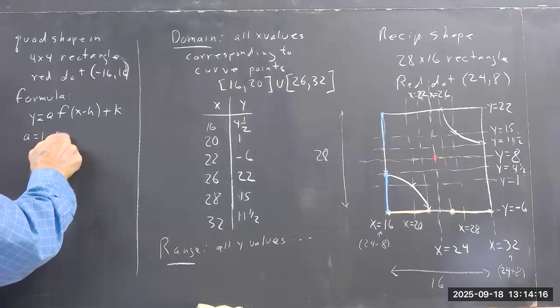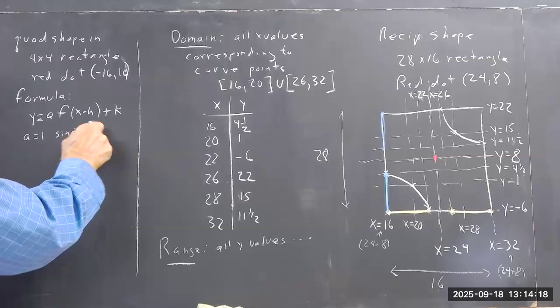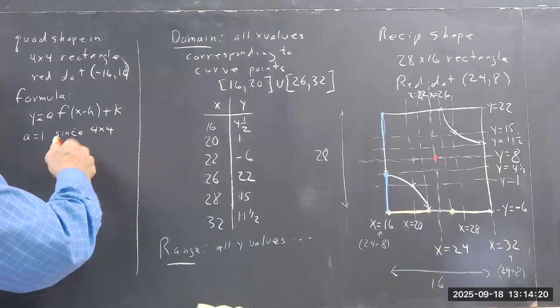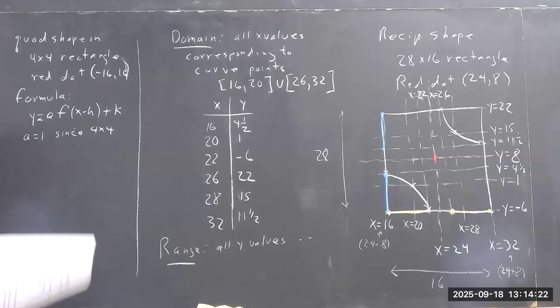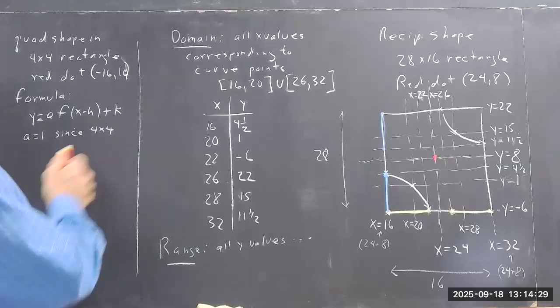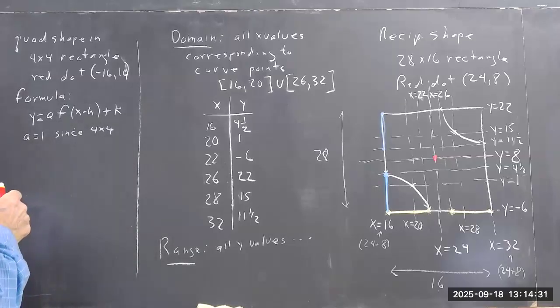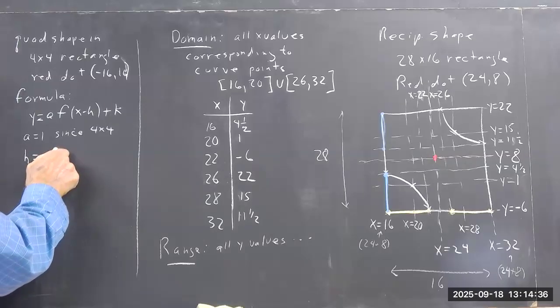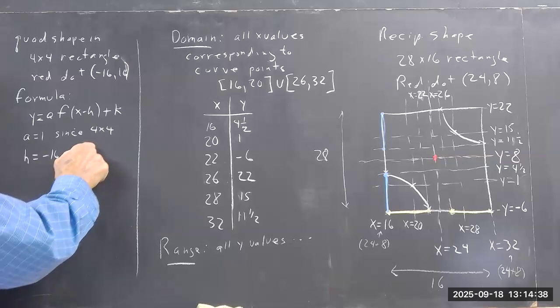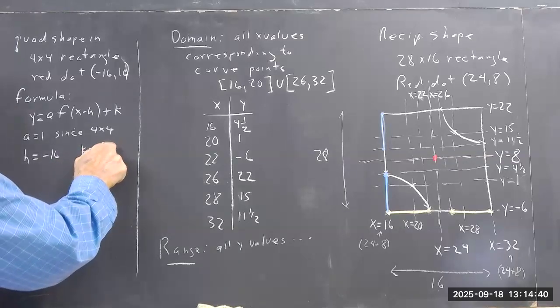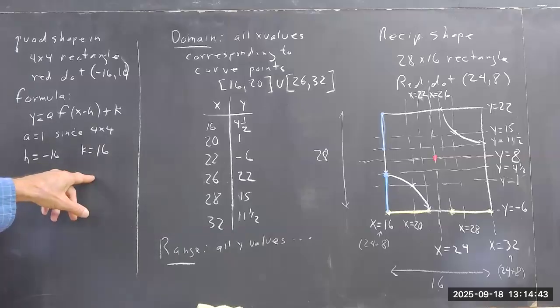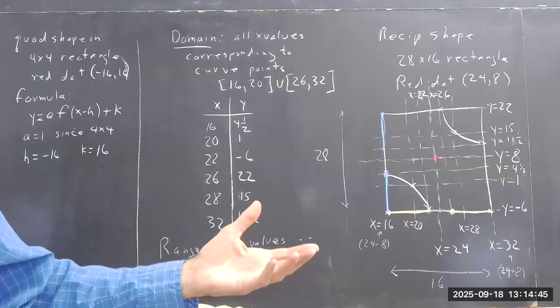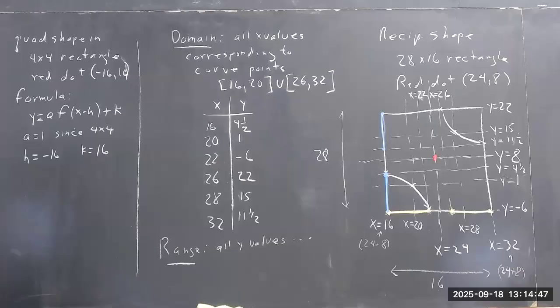Now, a equals 1. Since this is one of your 3 toolkit functions that we're concentrating on, you're in a 4x4 rectangle. So a is 1. h and k are the coordinates of your red dot.